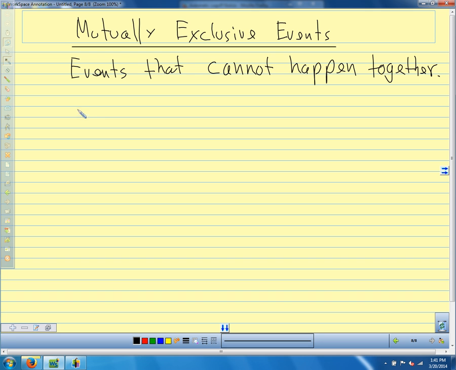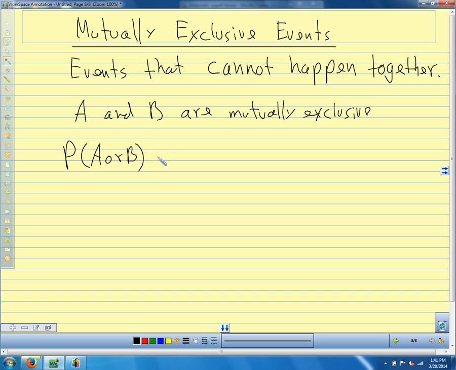So to combine our probabilities, we're going to say A and B are mutually exclusive. The probability of A or B happening, and we also write this as the probability of A union B. These two mean the same thing.